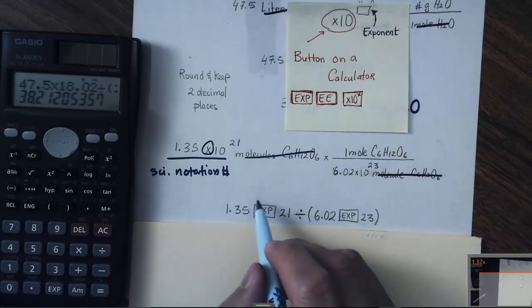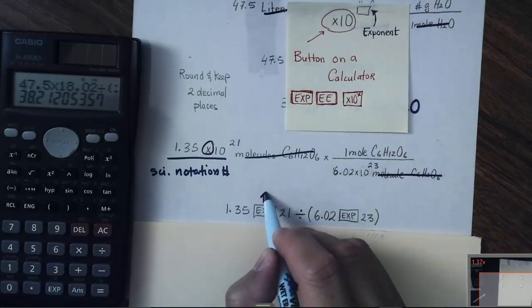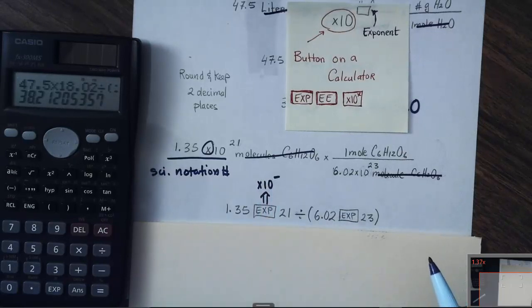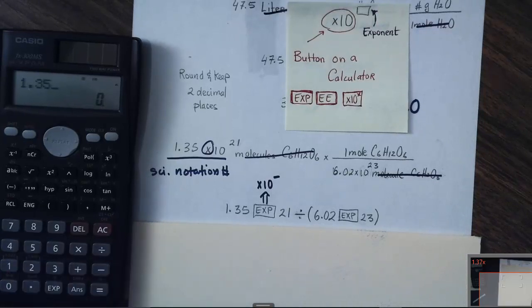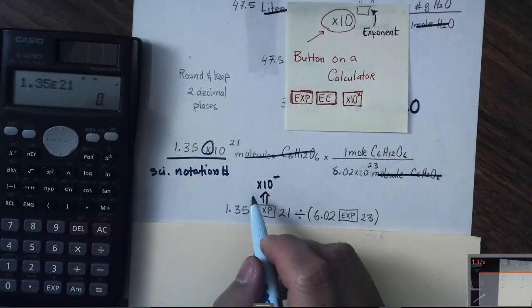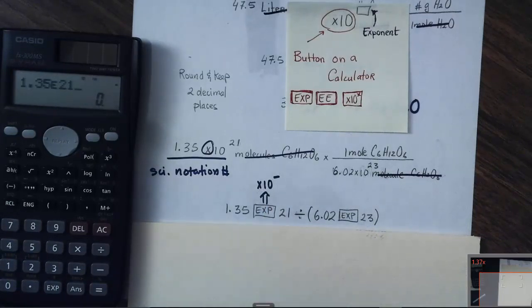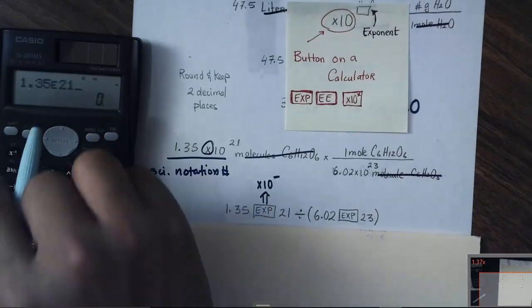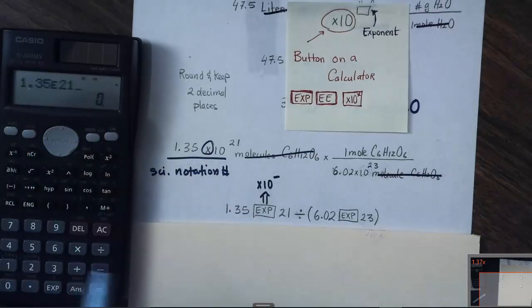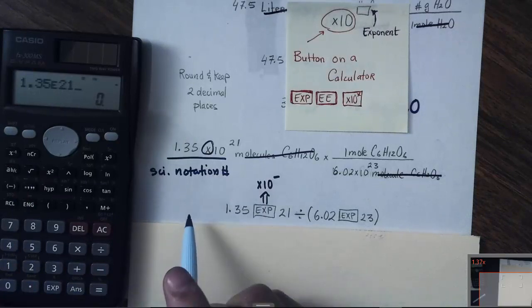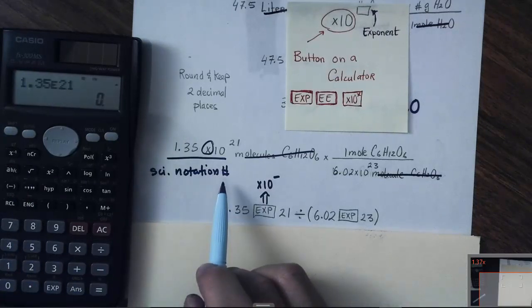That is because this right here actually represents times 10 to the power of something. So let me clear the calculator. 1.35 EXP 21. Now if you type the times button, that tells you there are two distinct numbers. Whereas if we use the EXP, that represents that this whole entire thing is a single number in the format of a scientific notation number.